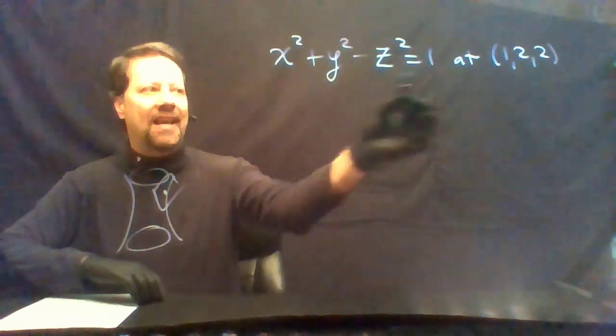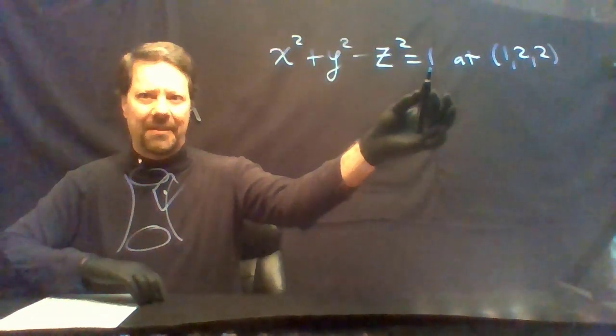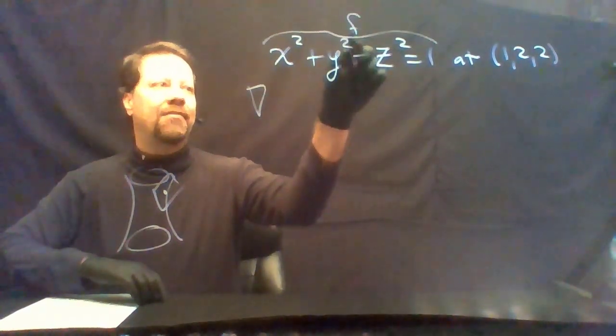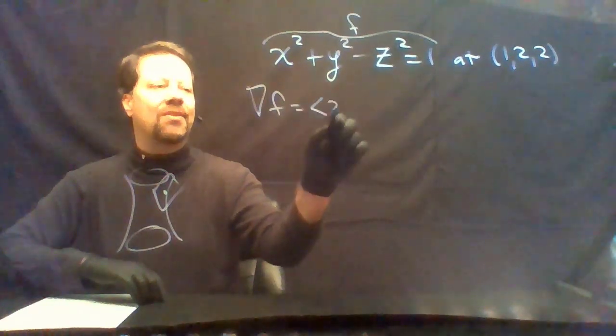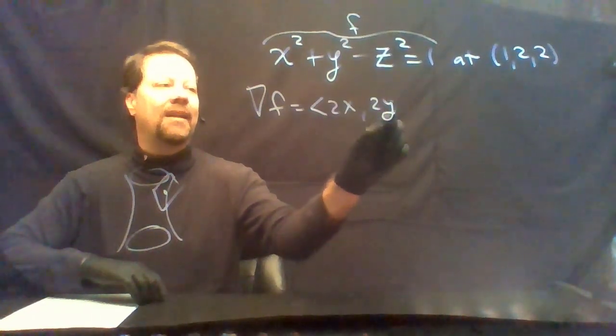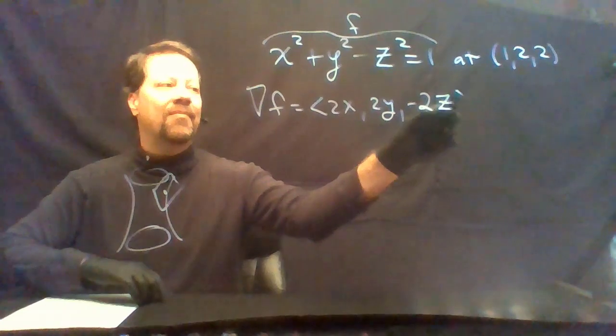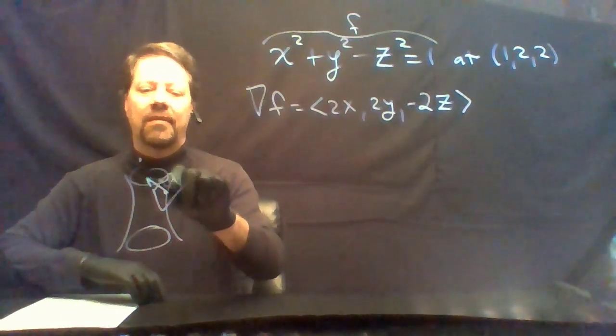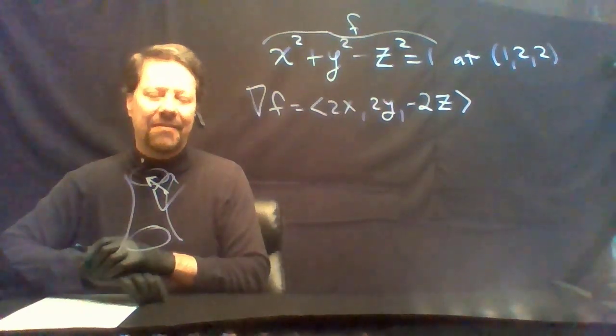So, this is a level surface. If we call this some function f, the gradient is (2x, 2y, negative 2z), and the gradient will be normal to the level surface.